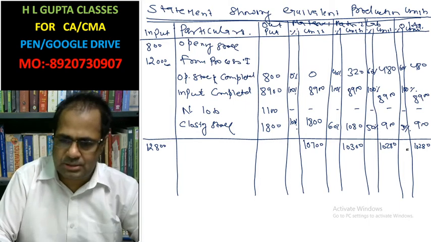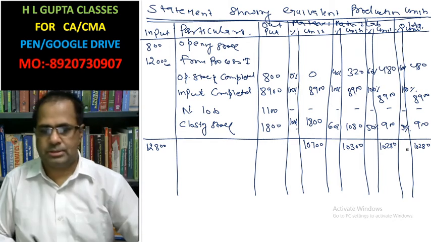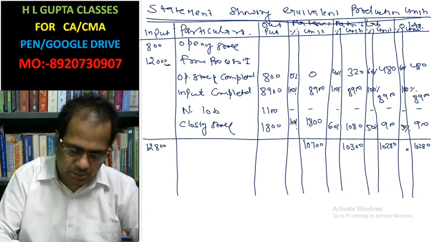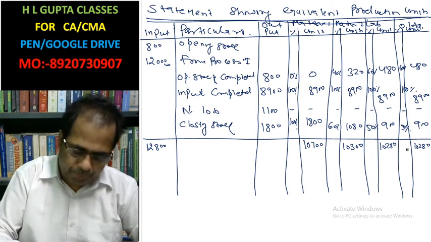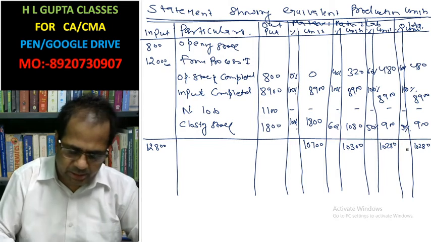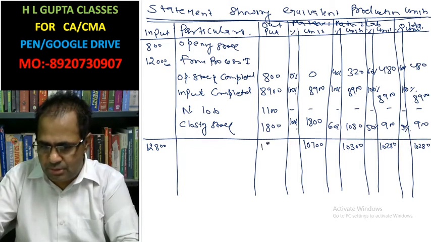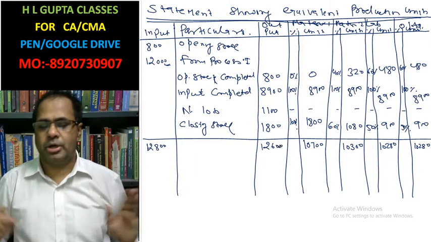8900 plus 1800, after adding this, 800 plus 8900 plus 1800, this is 12,600. Look at it.